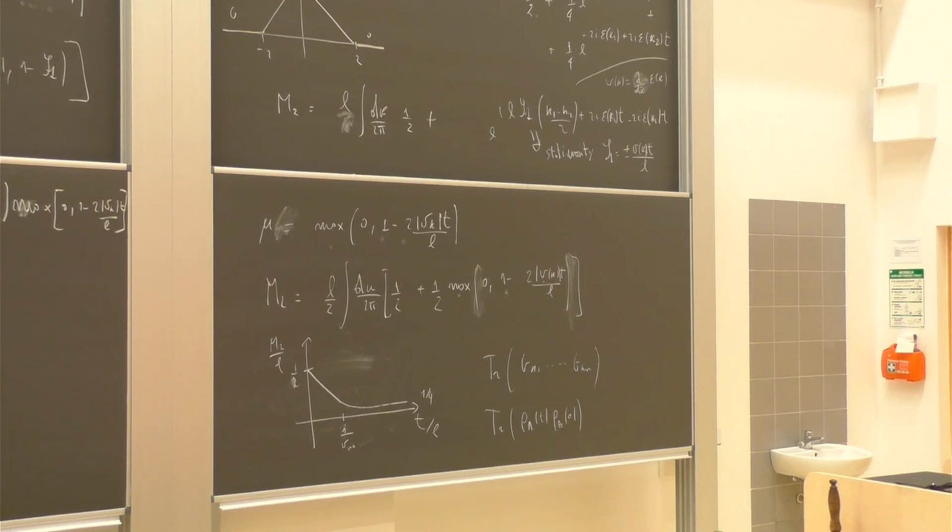Sorry, question. So the lambda plus and lambda minus appear there, but are these just numerical factors? Because there was nothing really from this matrix that seemed to appear in the prefactor. No, if you send A11 to 1/2 and A12 to 1/2, then you should recover that.